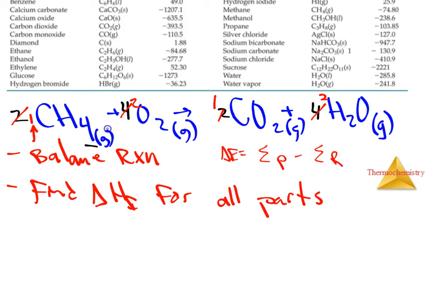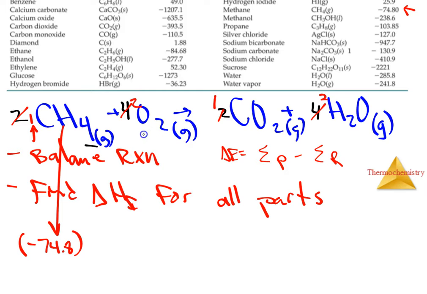CH4 is methane. It's barely on the screen, but it's there. So, I'm going to just write it right down here. Negative 74.8. You just find the value in the chart and you write it down.